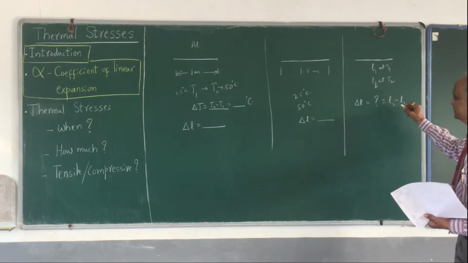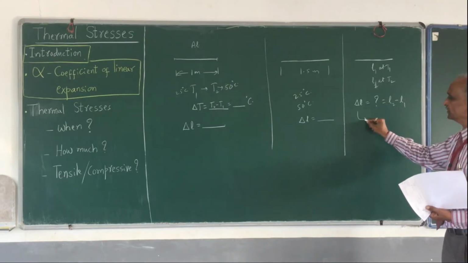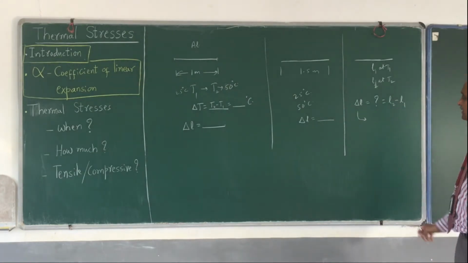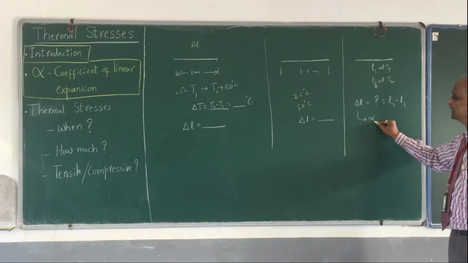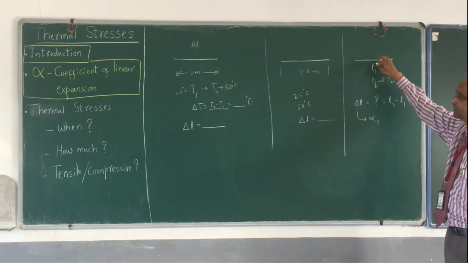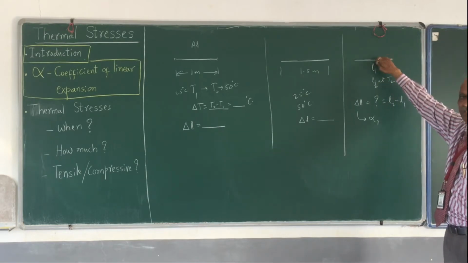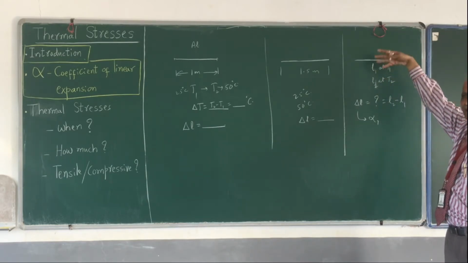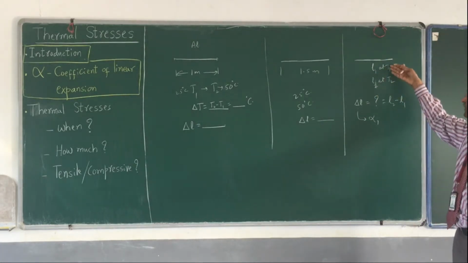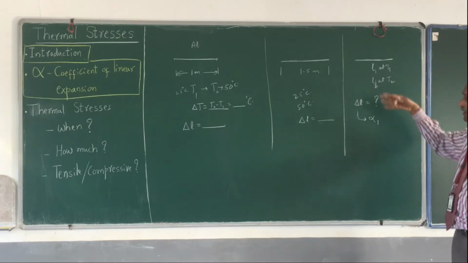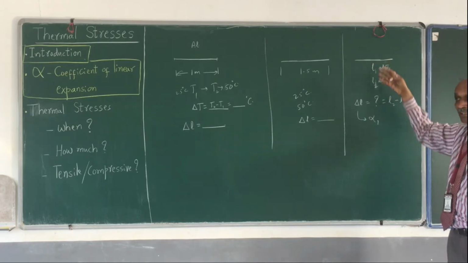Now, on what factors is it related? Delta L depends upon the material. If I do the same experiment for copper or aluminium or steel, different wires, every time delta L is going to be different, though you have the same temperature T1 and T2 and the same length, because the materials are different.